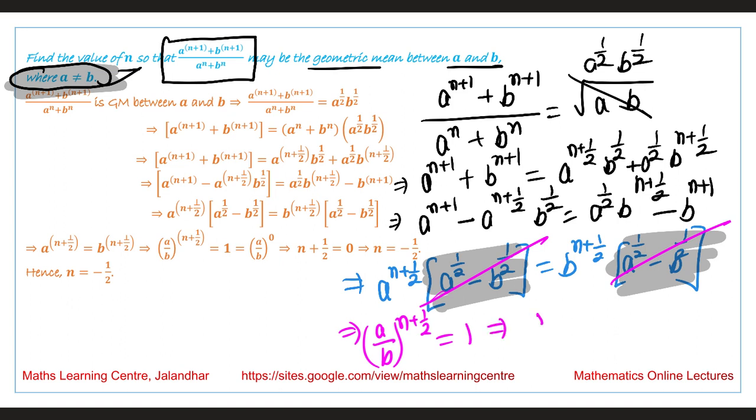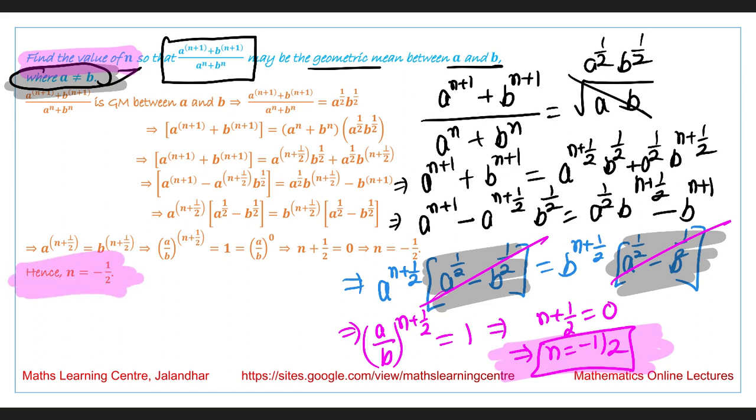So this implies that n plus 1 by 2 is equal to 0. So this implies that n is equal to minus 1 by 2. So this is the required value of n. What we have to calculate in this question is the value of n for which this thing holds. So we are saying for n is equal to minus 1 by 2, this number is the geometric mean between a and b.